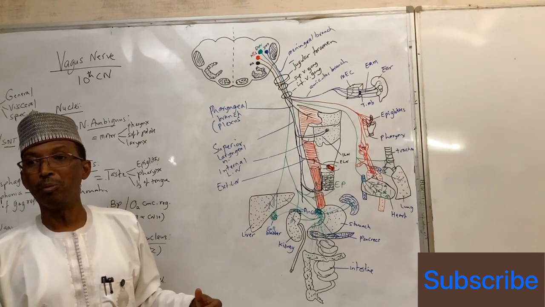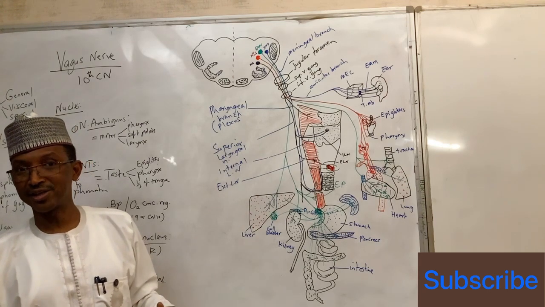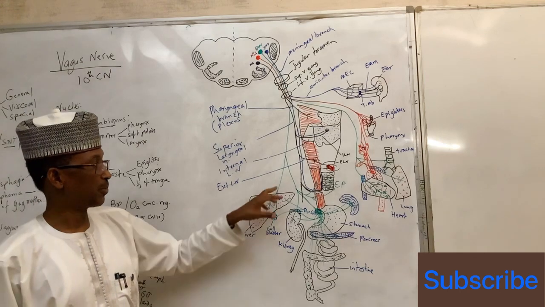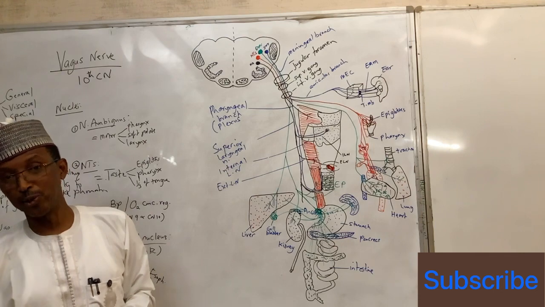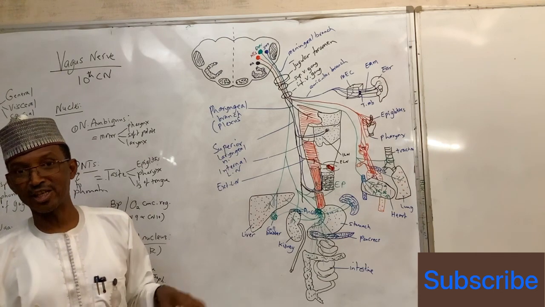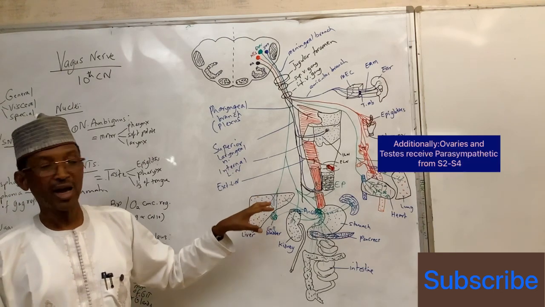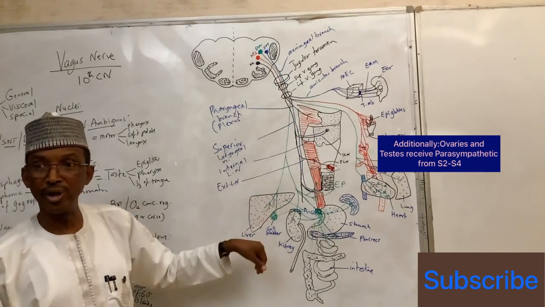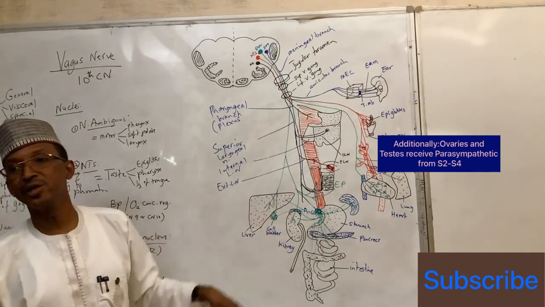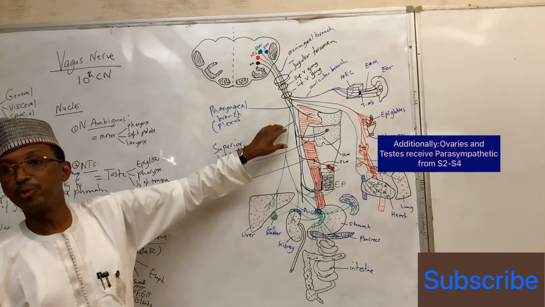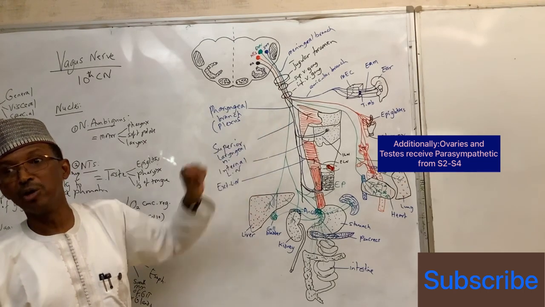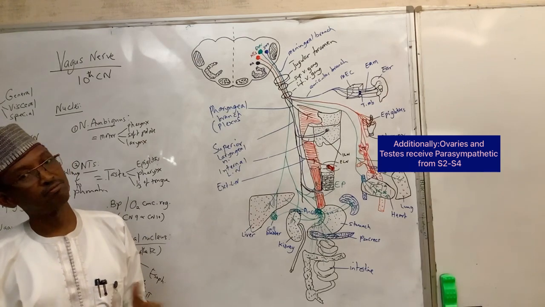But ovaries and testicles, ironically, are supplied by these fibers coming from the dorsal vagal nucleus. Are you clear? So that is the exception. The ovaries are supplied by these fibers probably because they developed from the posterior abdominal wall during embryology. You get my point? That's it.